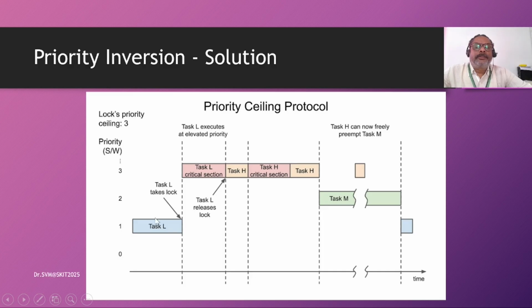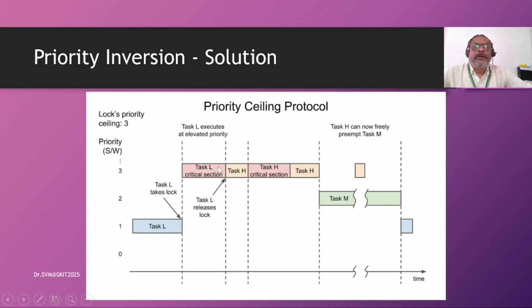And that way, we start our low priority task. The moment it enters the critical section, the priority of that process is elevated to 3, and because of that it starts executing in its critical section.